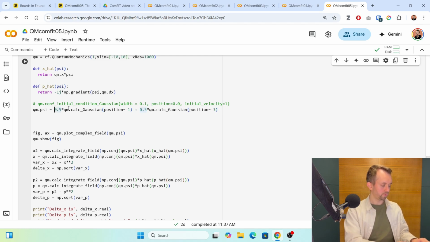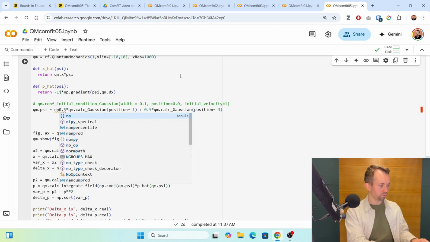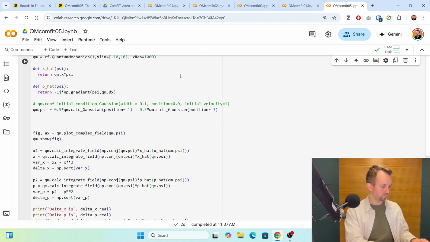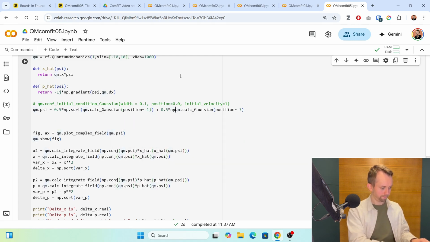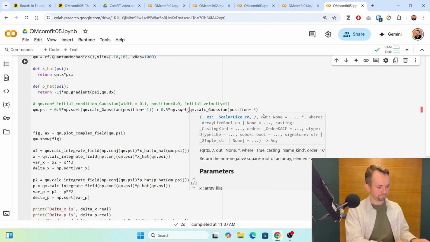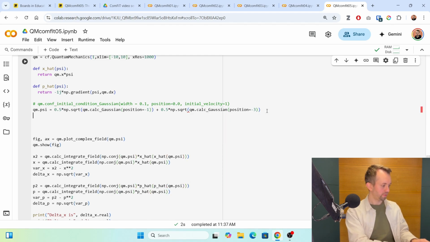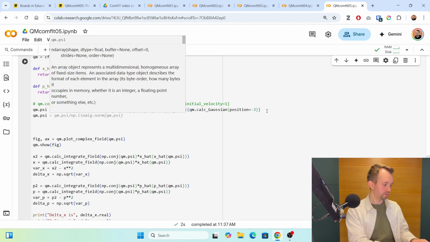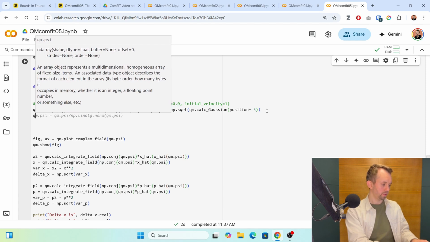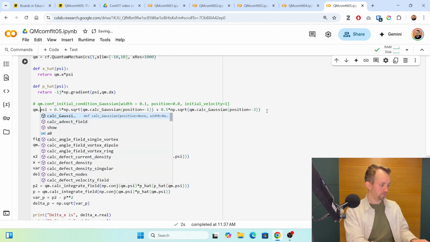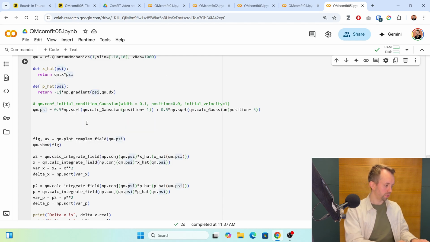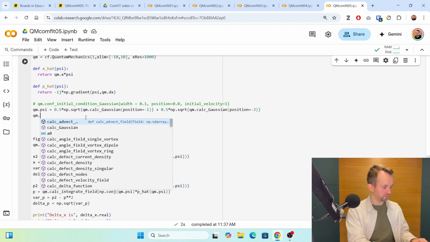And of course, I want this to be normalized, so I'm going to take the square root of these two and multiply. So this is how you do it. And then I'm going to multiply by a phase just to get something interesting.